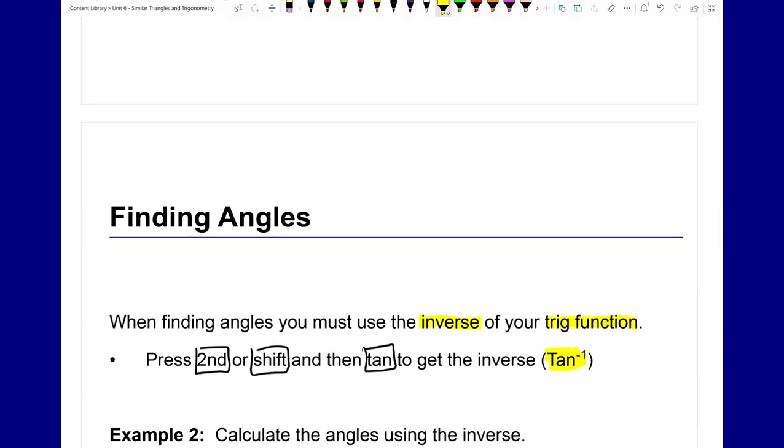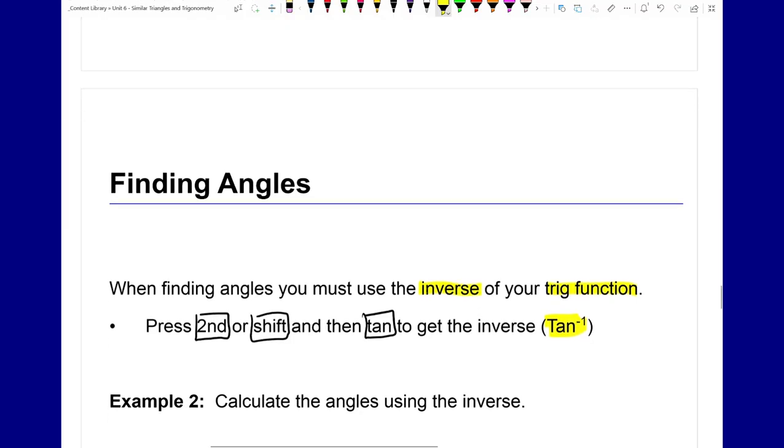It's not tan to the power of -1, it's tan -1. Look on your calculator, you should see it above the tan button in small writing, tan -1, probably in a different color, indicating that you have to hit shift and then that button. It varies from calculator to calculator, so make sure you are aware of where that button is.